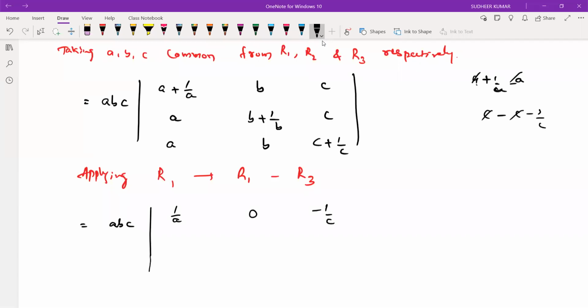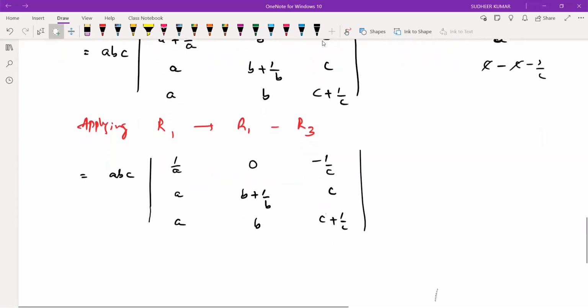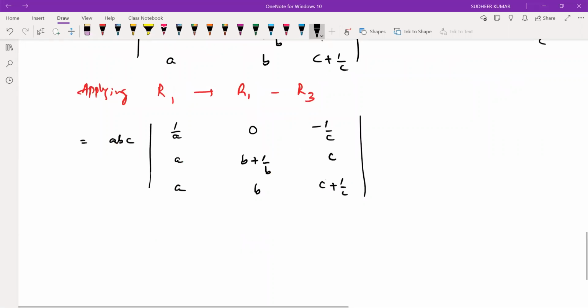Next, the remaining rows remain the same: a, b plus 1 by b, c, and a, b, c plus 1 by c. Again, to simplify the other values, we apply R2 changed as R2 minus R3.